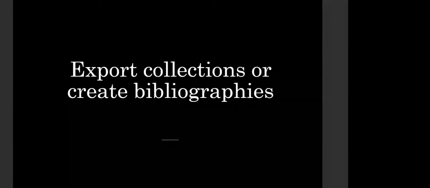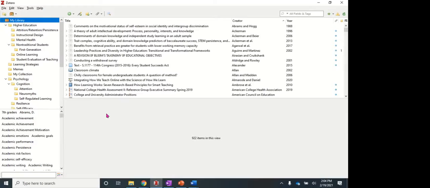An even easier way to share just a list of references with someone else is to export your collection or create a bibliography. Now, if the people you are sharing your collection with have their own resource manager, then you'll want to export.